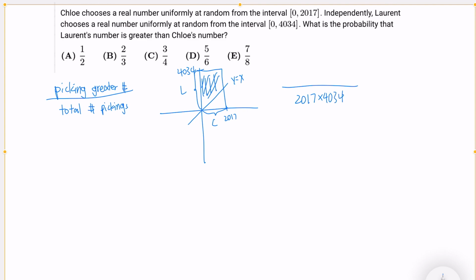And keep in mind that this dot right here, this is 2017, because it goes in the range of from 0 to 2017. On this line, as I've mentioned before, the number that Chloe picks and Laurent picks will be the same.